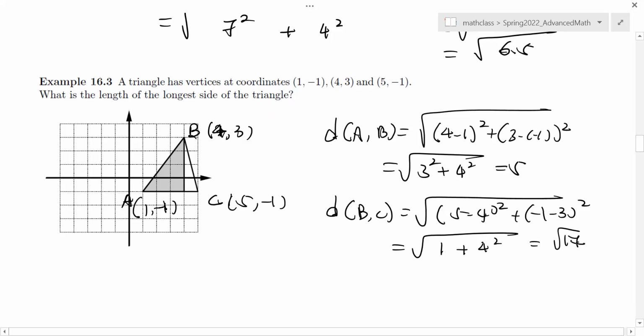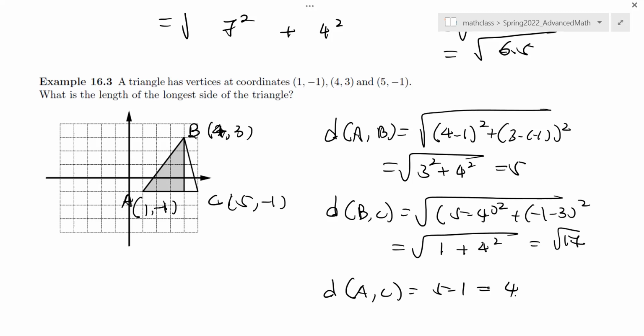This is definitely less than 5. And then you don't need the distance formula between A and C, because it's a horizontal line. The difference is 5 minus 1, which is 4. Clearly, the distance between A and B is the largest value.